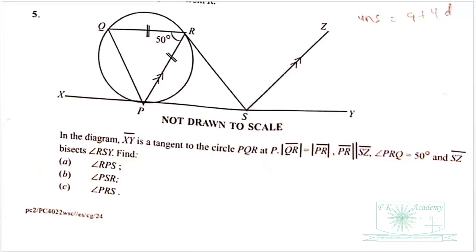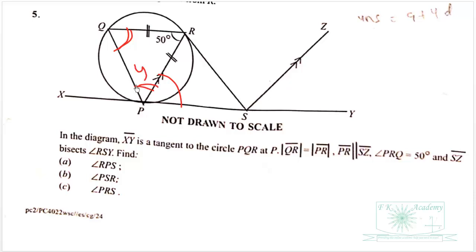So recall that by the angles in alternate segments, this angle will be equal to the angle here. And the angle here, which is angle RQM, is equal to angle RPQ, because they are the base angles of an isosceles triangle.